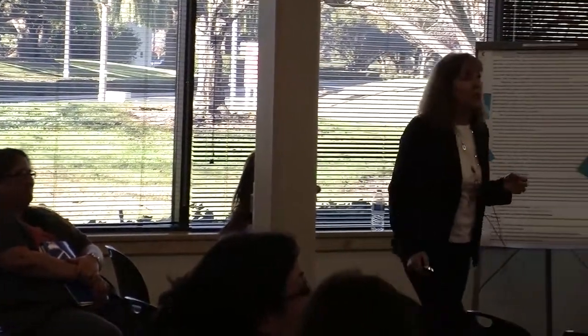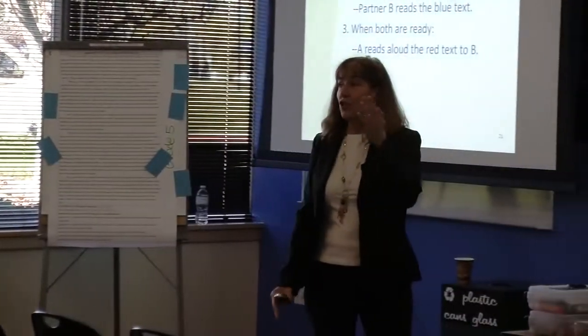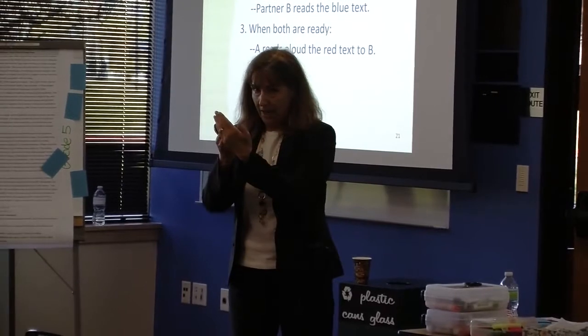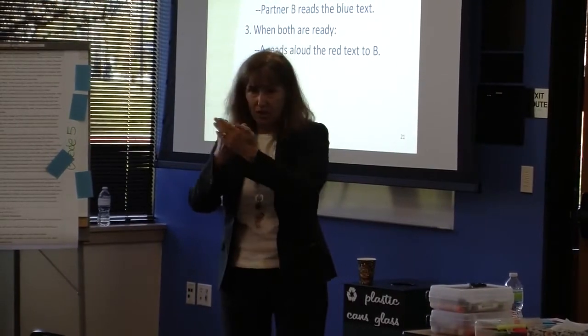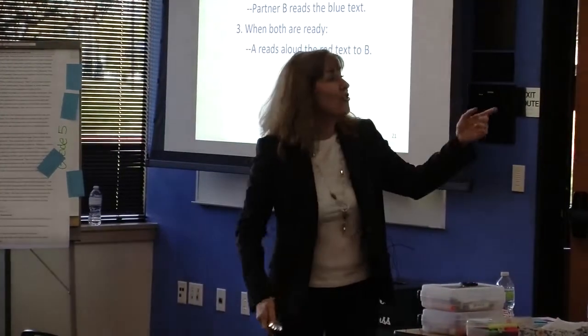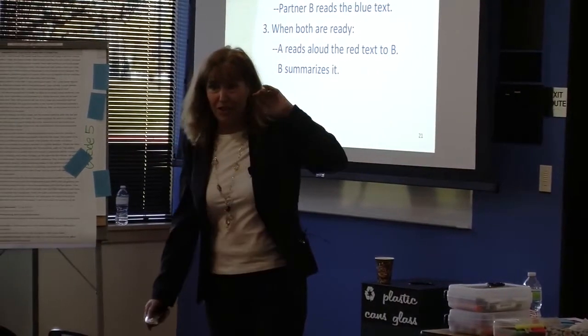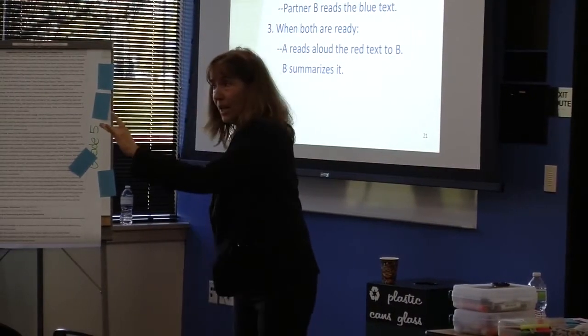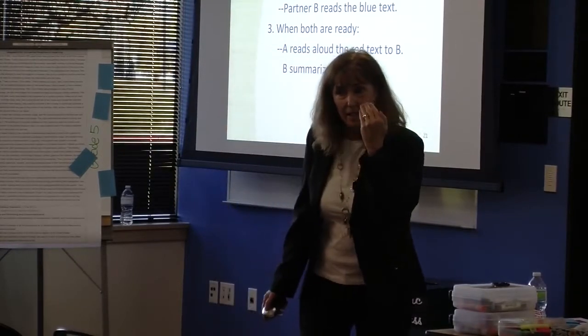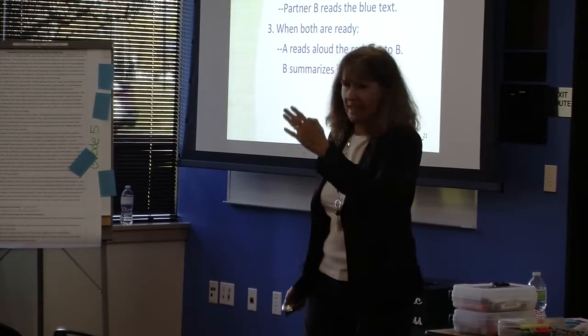When both of you are ready, partner A is going to read aloud the text that he or she has, the red text, and partner B summarizes it. So you have to be a good listener. Partner A is reading the red text, partner B is listening and then summarizing or stating some of the key points.